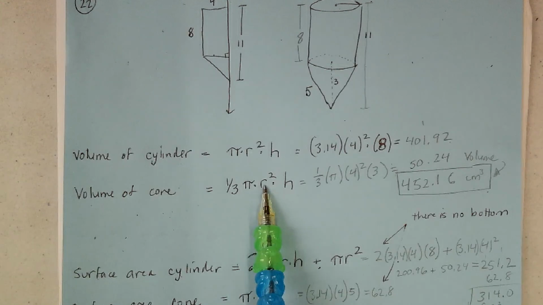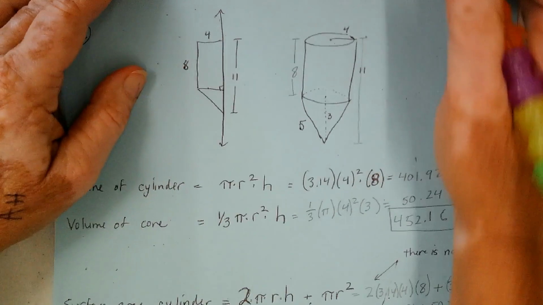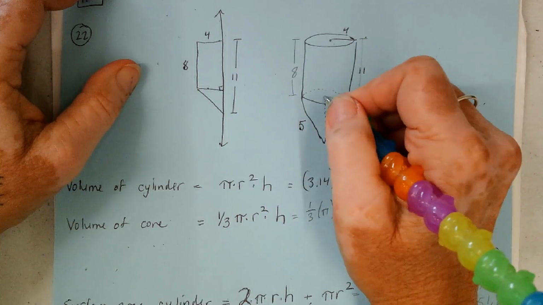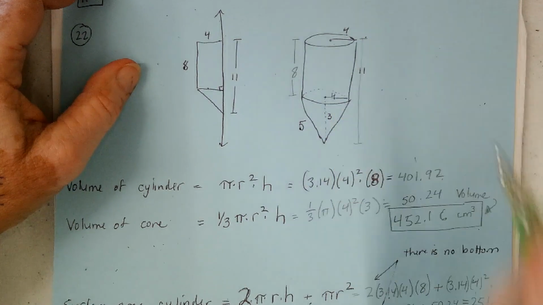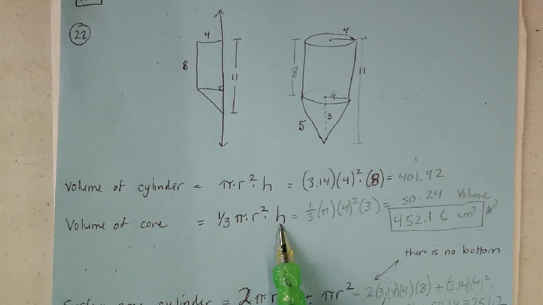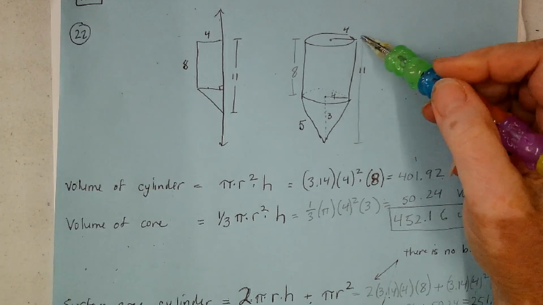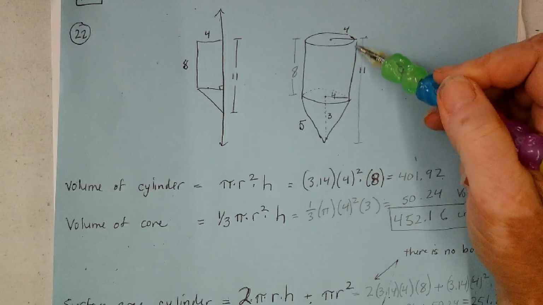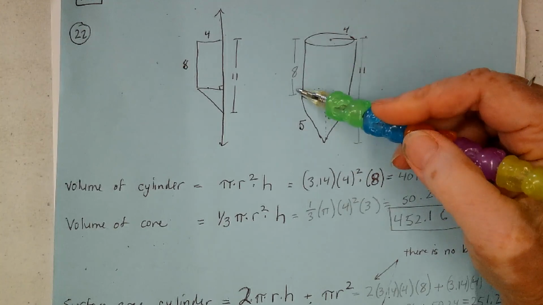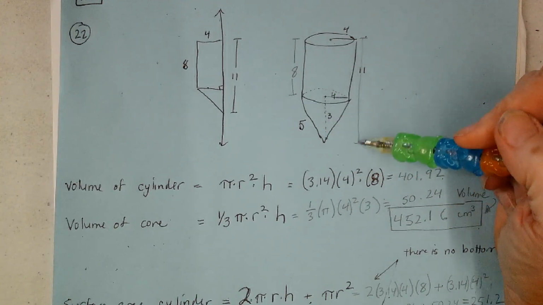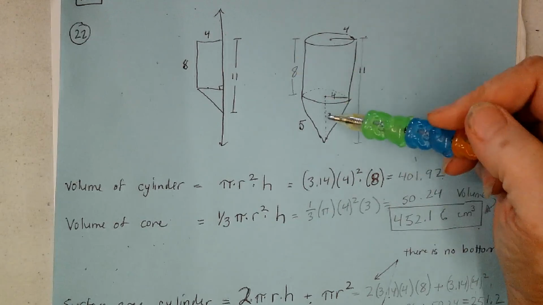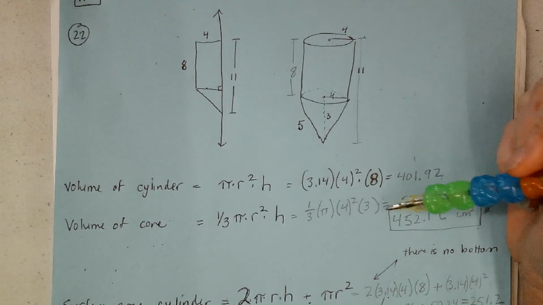I'm going to use 4 again for my radius, because if it's 4 up here, it's also 4 down here. And my height is going to be 3, because if it's 11 all the way up and down, and this is 8, that's got to be 3, since 11 minus 8 gives me the 3.